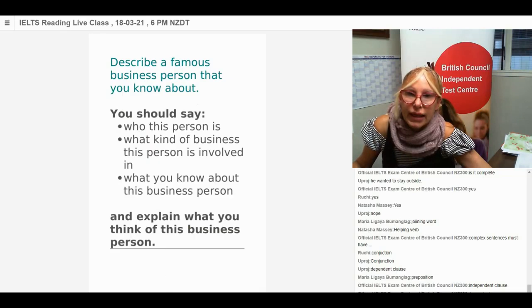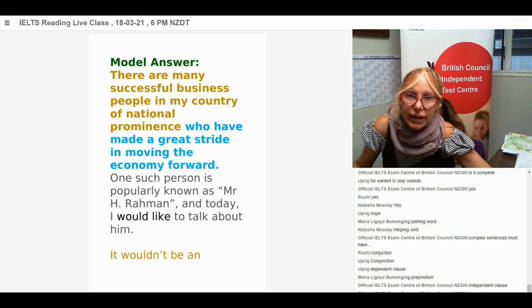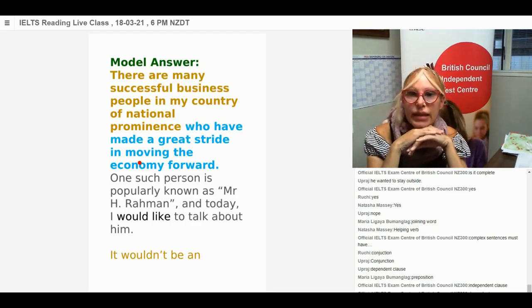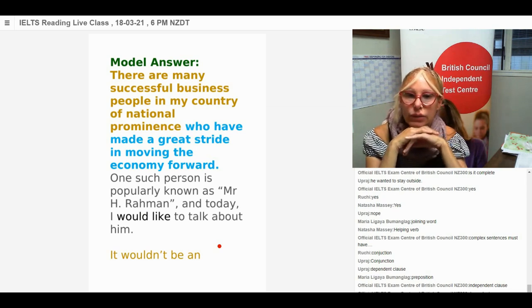And so what I've done here is I have highlighted in brown one part of the sentence and highlighted in blue another part of the sentence. And I'm wondering whether you can tell me which is the independent and which is the dependent in the first example. Which one can stand on its own?